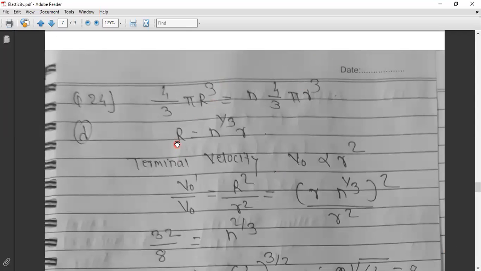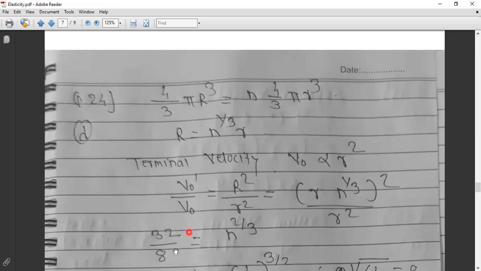We get the equation for capital R, the radius of the coalesced drop, as well as the radius of the n droplets, and write down the ratio of the terminal velocities, because terminal velocity is directly proportional to the square of the radius of the droplet. So V0 is proportional to R square. Put the value of capital R, it is n raised to power 1 by 3 into small r, and its square.